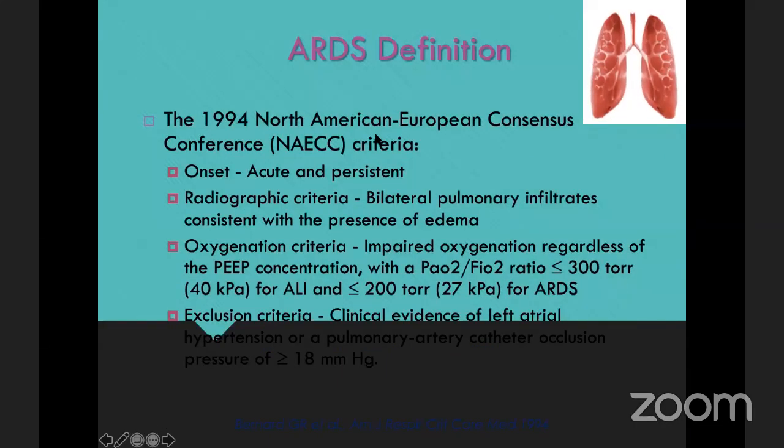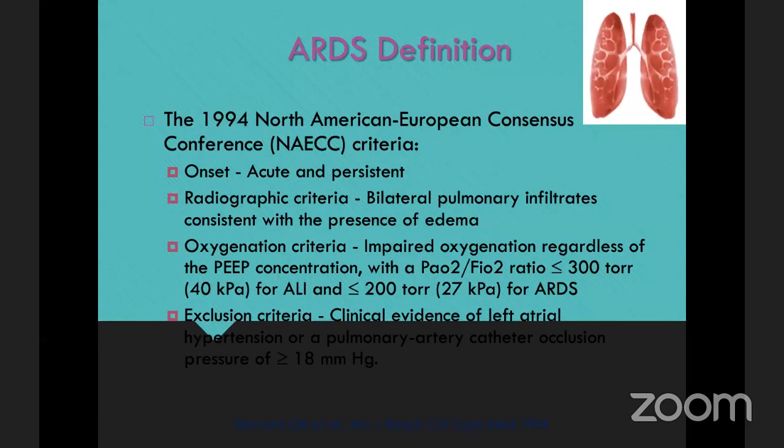So here actually, this definition as per the North American European Consensus Conference, it was the criteria. It is acute and persistent. In addition to that, there is a radiological finding, which is bilateral infiltration consistent with the presence of edema.